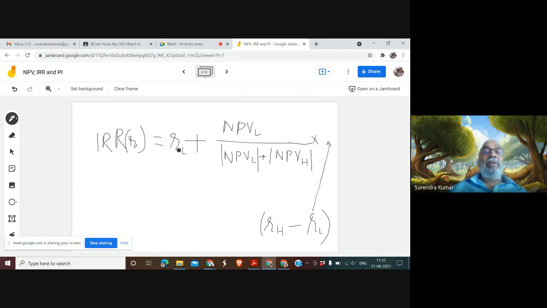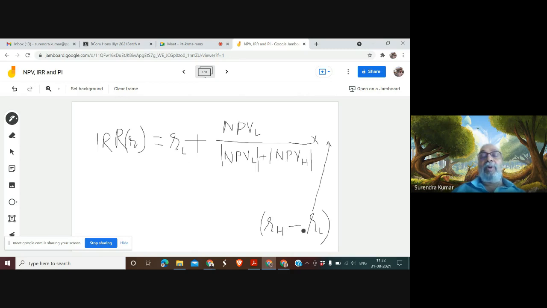So here we know that the lower rate is 10% and the net present value at the lower rate is 163, and we take the modulus values when we are taking the denominator. So 163 plus 216. That's how we are taking these two values, and we are multiplying it with the difference between the lower rate and the higher rate.